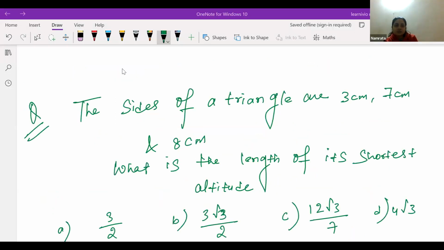Everyone, which answer are you getting? Is it 6 root 3 or 3 root 2?